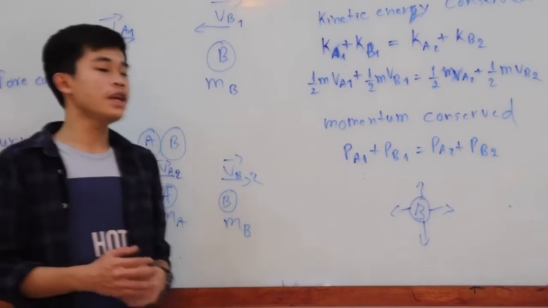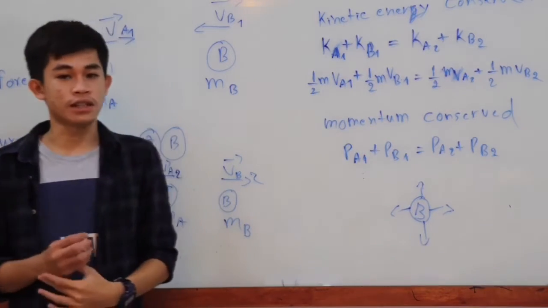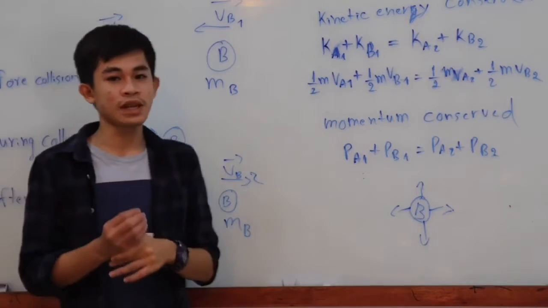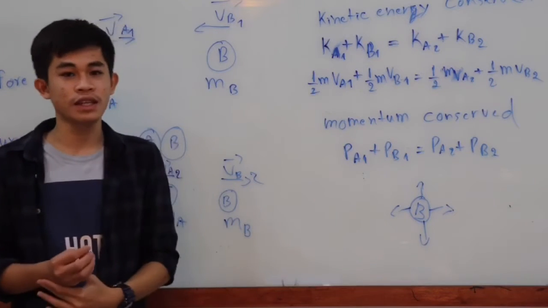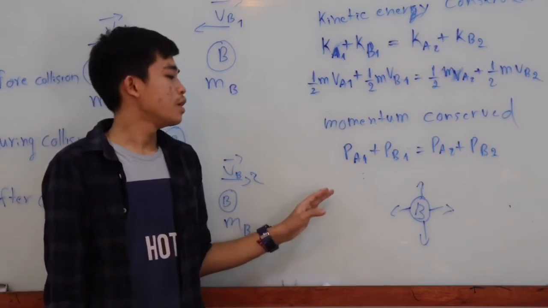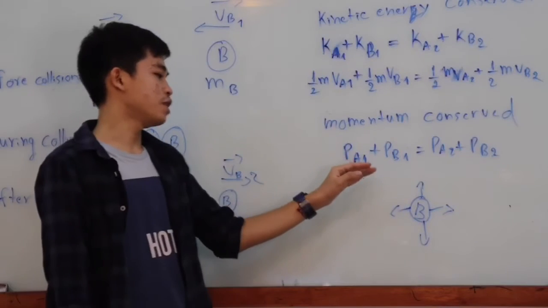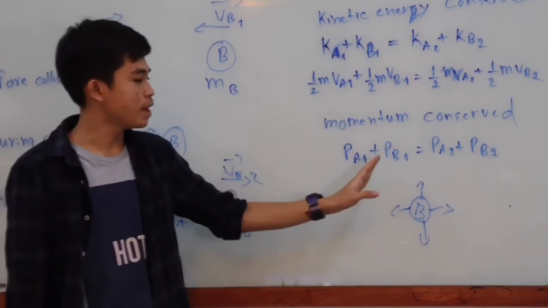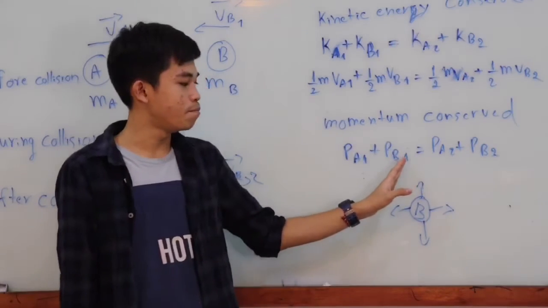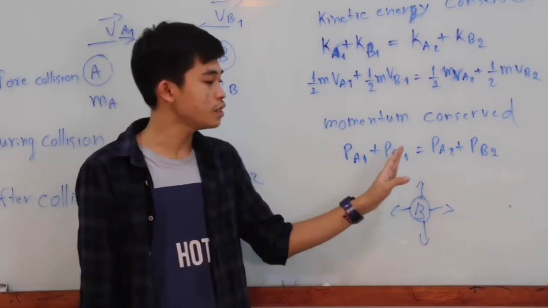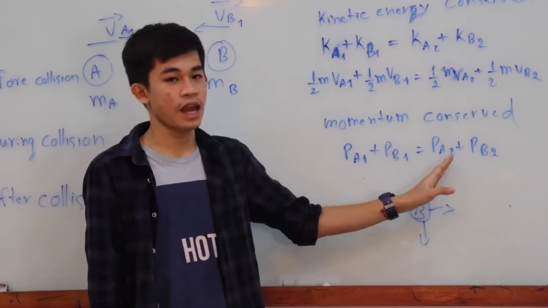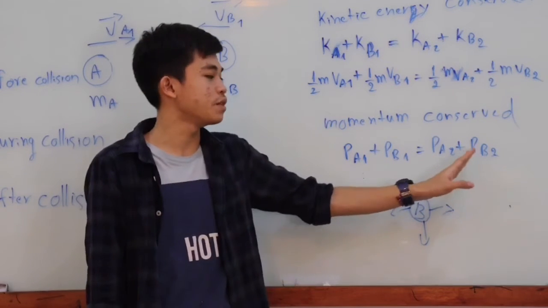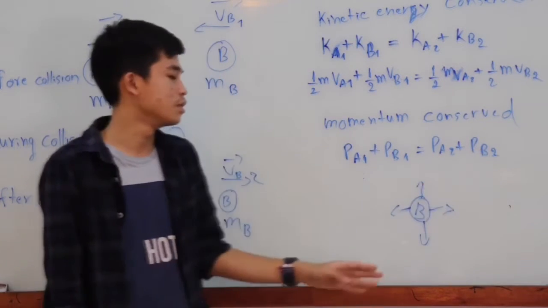Not only is the kinetic energy conserved, the momentum is also conserved. We have the expression that the momentum of object A plus the momentum of object B before collision equals the momentum of object A after collision plus the momentum of object B after collision.